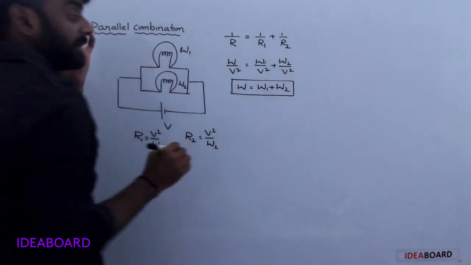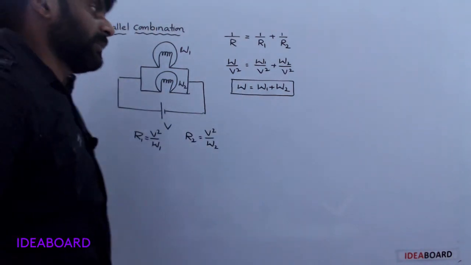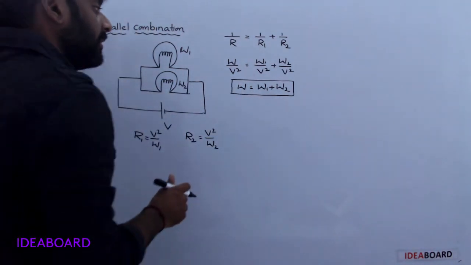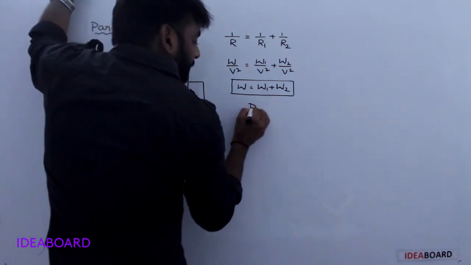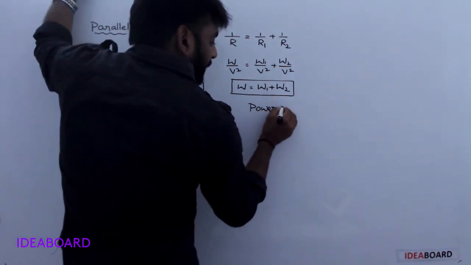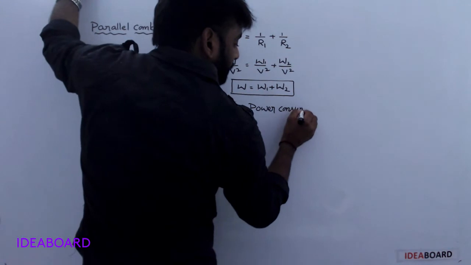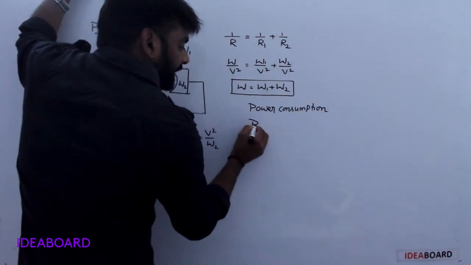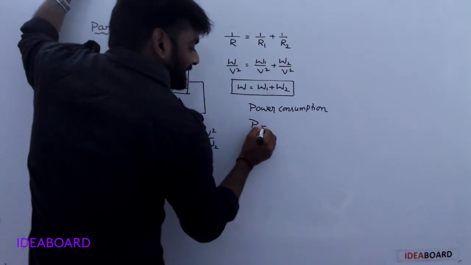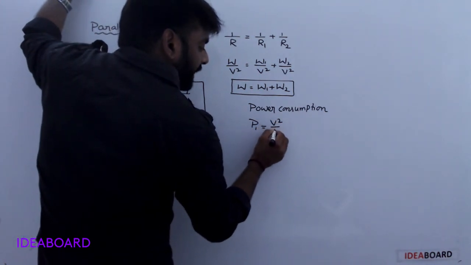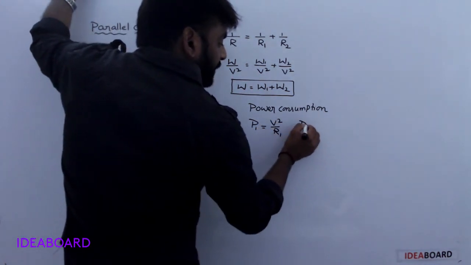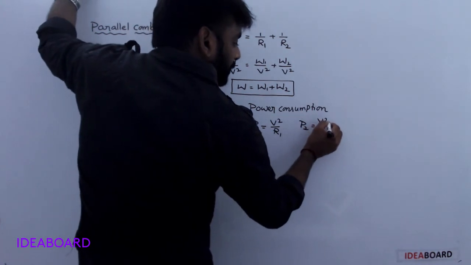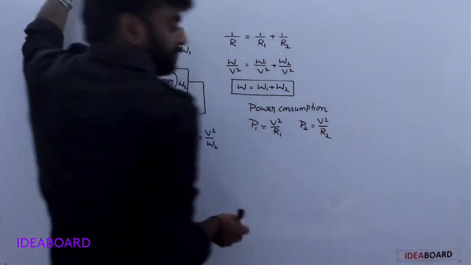Total power is W1 plus W2. Power consumption P1 is equal to V square by R1. P2 is equal to V square by R2.